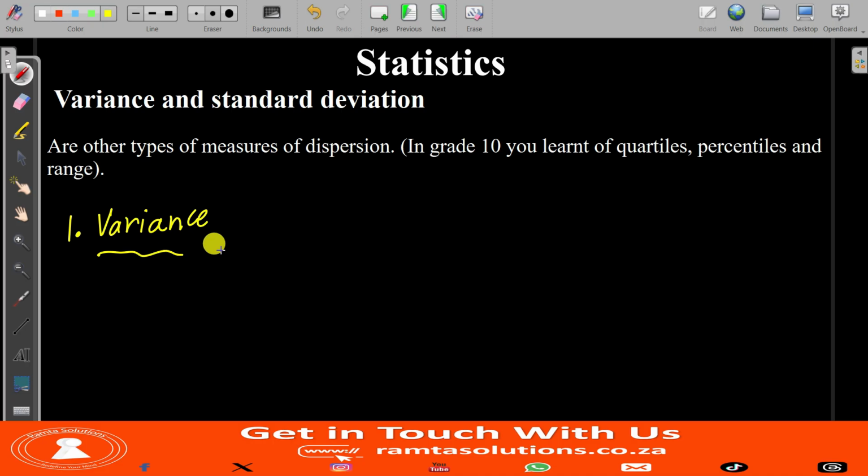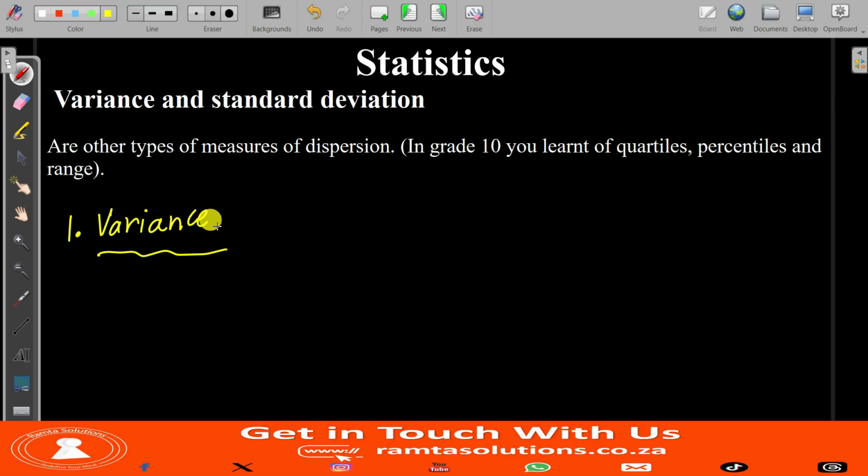So what can we say about variance? Remember, they are basically giving us information on the spread of data around the mean. Let's look at what each of them does.